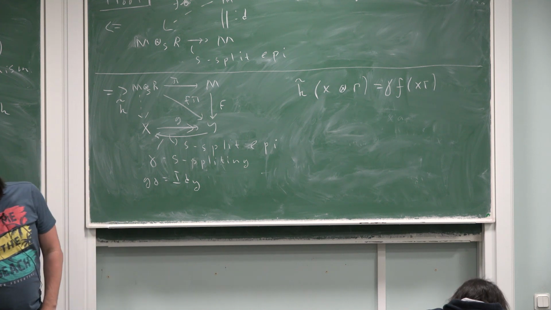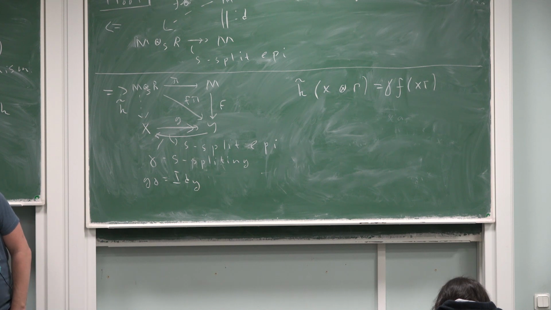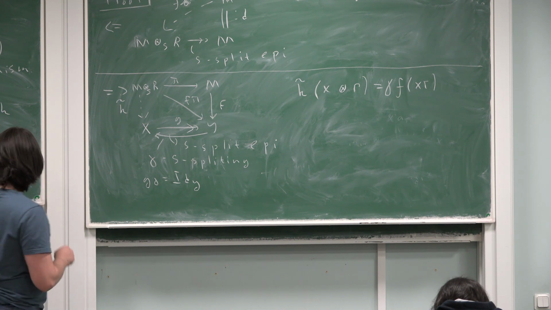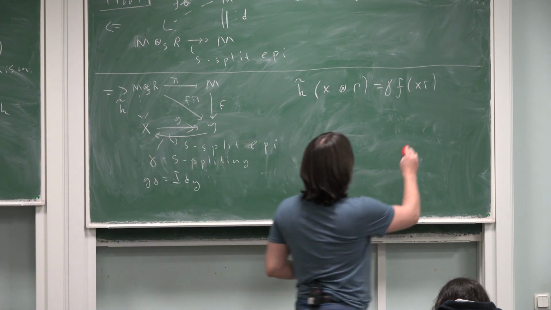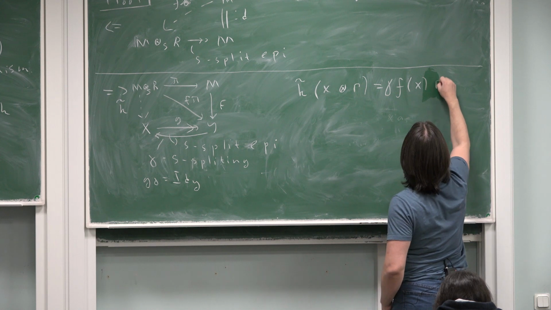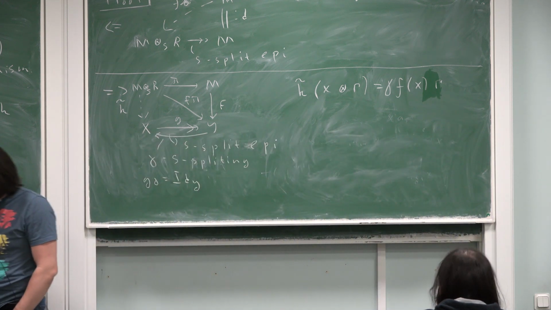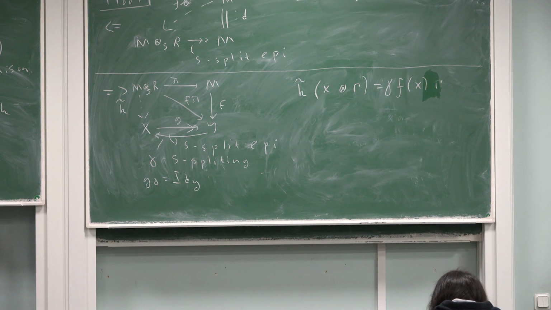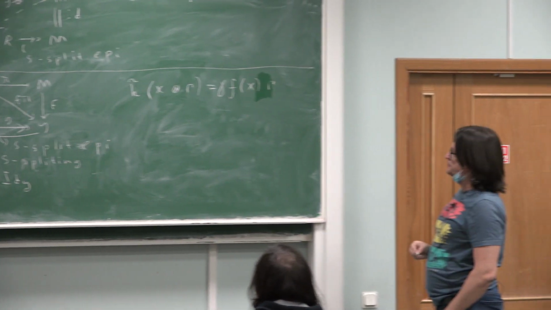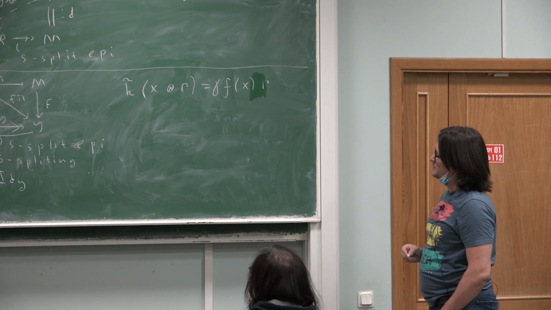So we have to check that this map is a homomorphism of R modules, that it is well defined, and that it satisfies the required equality.